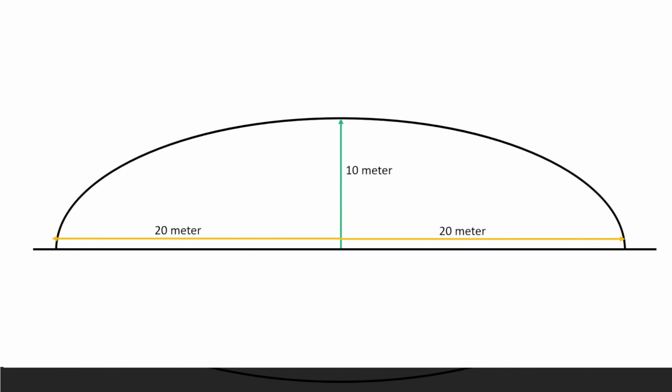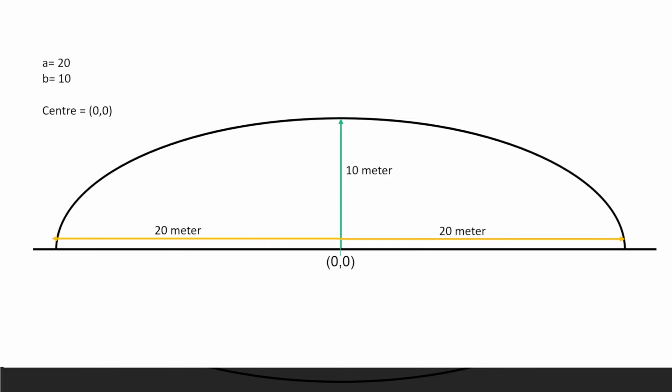So from the information, we can draw an ellipse. We know that the length of the major axis is equal to the width of the archway, so it's 40 meters. We just divide by 2. We know that a is 20, and the length of the minor axis is the height of the archway, so we can get b is 10.